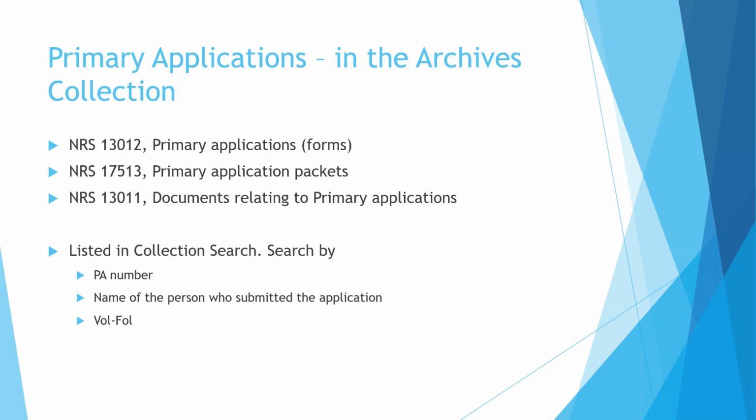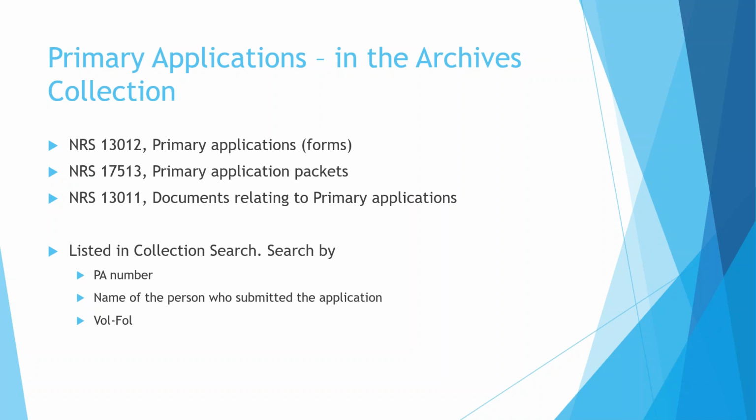So the things that we hold in the collection are the primary application forms, the documents relating to them, and then we've got the packets. You can search these in our collection search by the primary application number if you have it, and we just saw how you could pick that up. You could search by the name of the person who submitted the application, but the kicker is you have to know who that was.